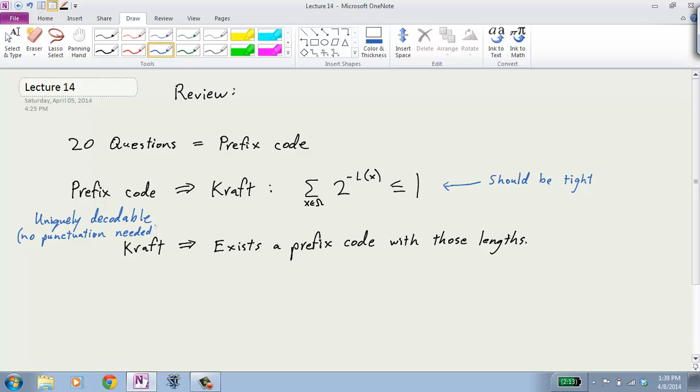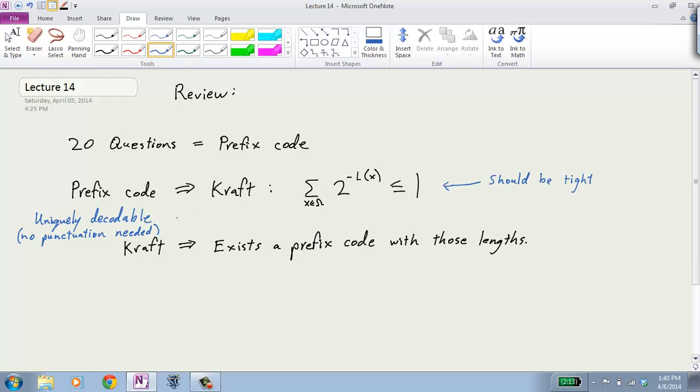Okay, so if you're thinking of these codes as using them to store information in a sequence, uniquely decodable means whatever your code is, you could read it out. You don't have to know where one of the symbols ended and the next one began, because we're not afforded that luxury of having punctuation in our memory. That would cost some overhead.